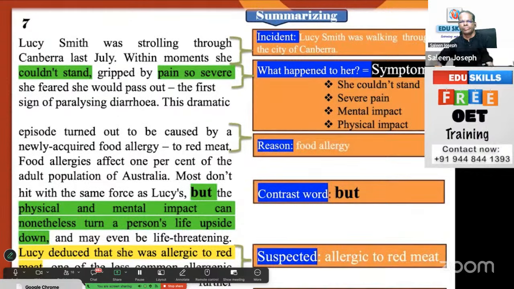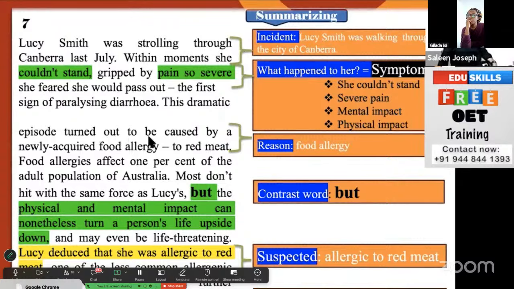Then the reason. What is the reason? Food allergy. The episode turned out to be caused by a newly acquired food allergy to red meat. You can also say food allergy to red meat. Then the contrast word, but. Suspected, allergic to red meat. Lucy suspected, deduced means suspected, that she was allergic to red meat.